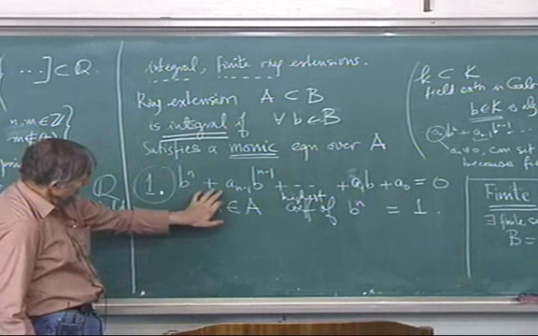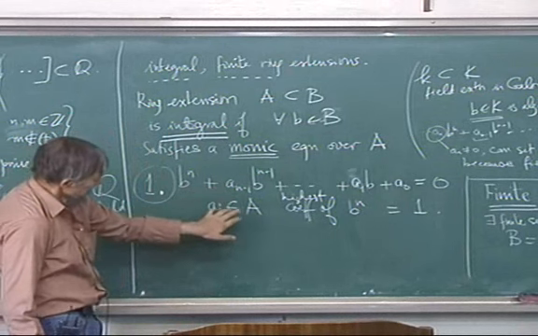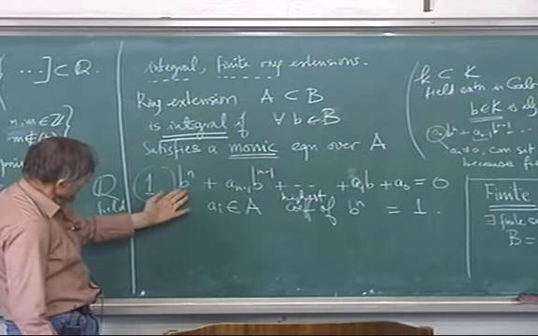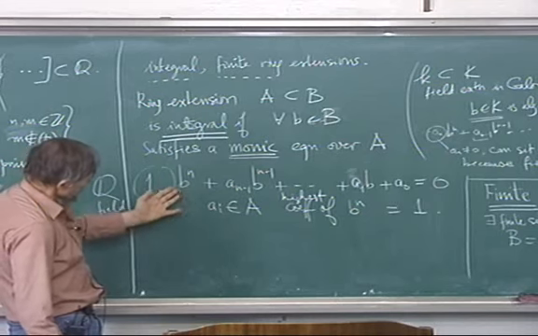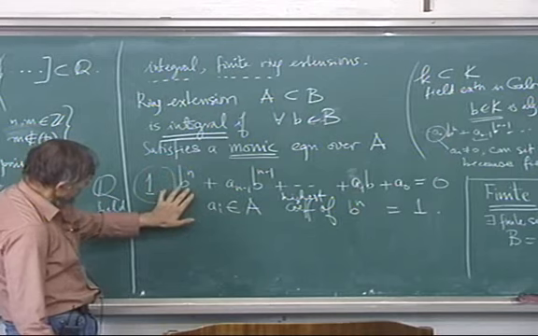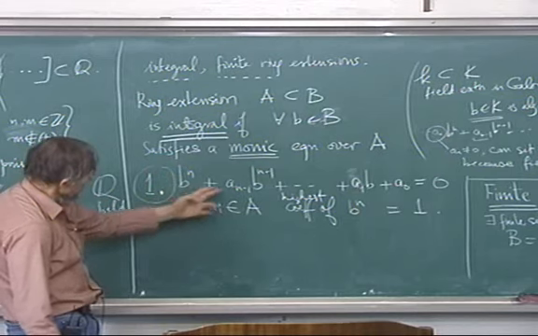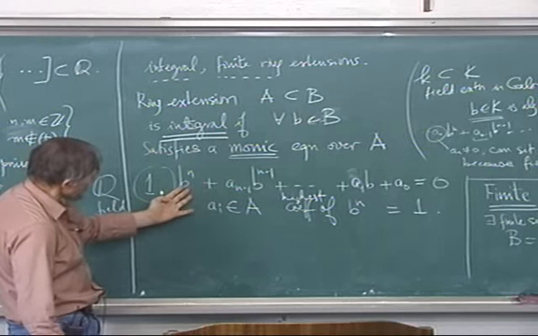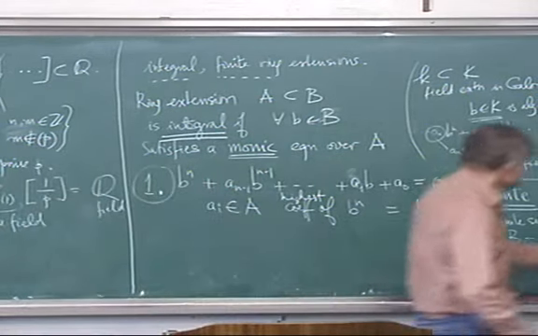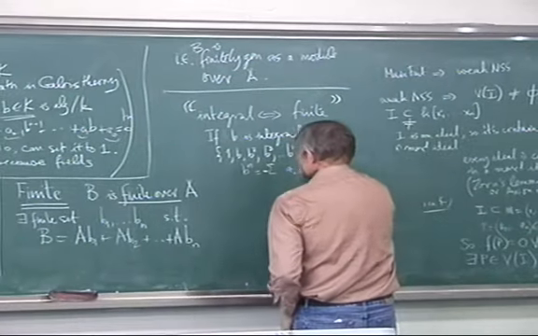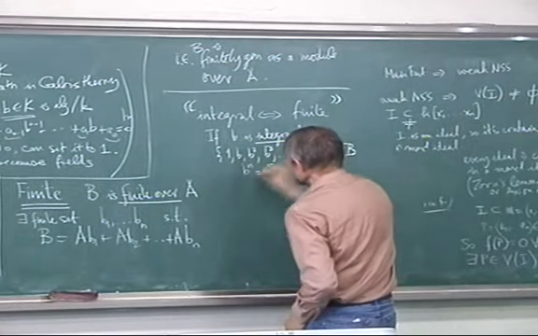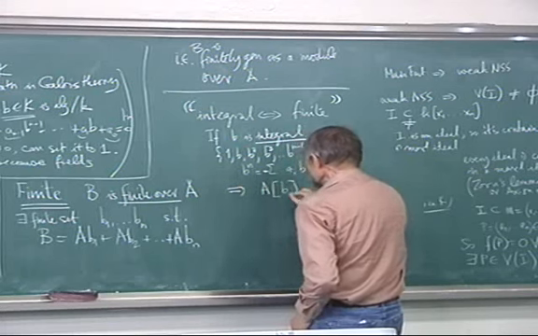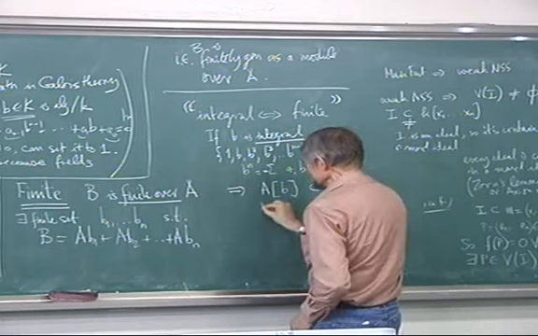So in other words, if you've got an integral extension, and you think about how this element B appears, so if B appears now as a ring generator, I'm going to take all the successive powers of B, and when I get to the nth power, I get a relation, so I don't need B to the n anymore. So this is saying that B is integral. This implies that A extended by B in B is finite.